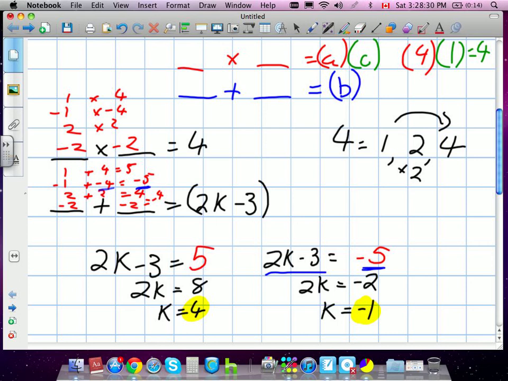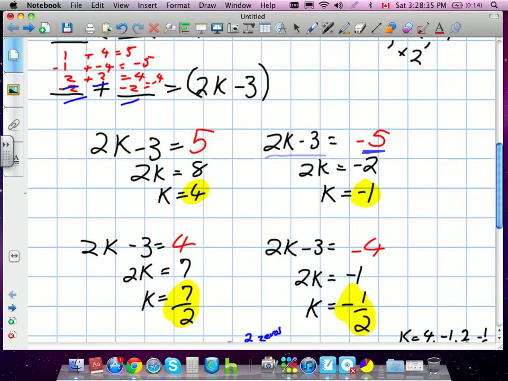So I set that equal to 2k minus 3, equals negative 5. The other option is 2 plus 2 and negative 2 plus negative 2, which gives me positive and negative 4. So I set up equations with 2k minus 3 equals 5, equals negative 5, equals negative 4, and equals 4. And I got 4 different values for k.